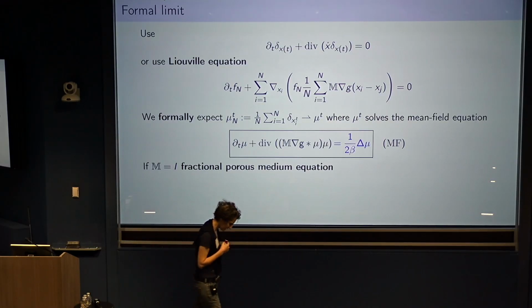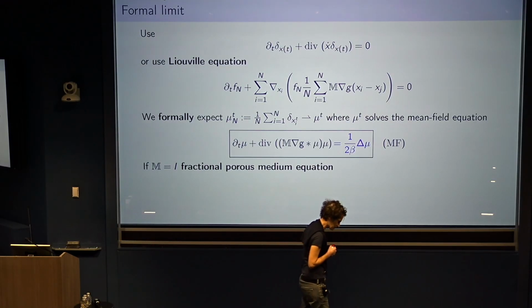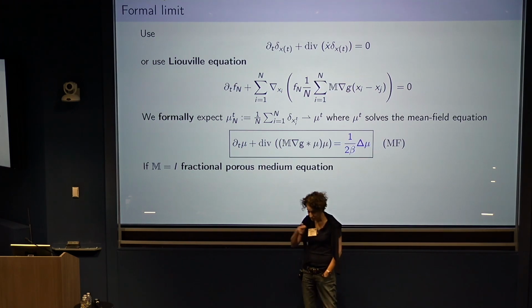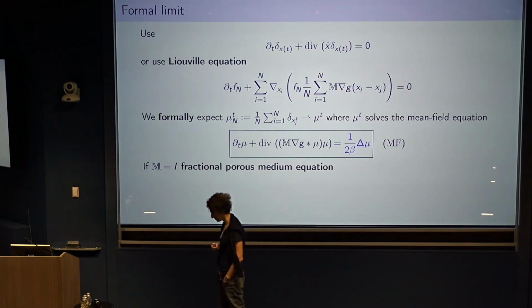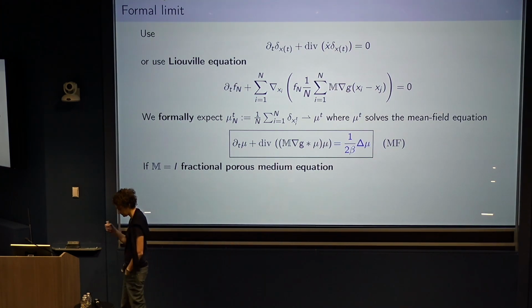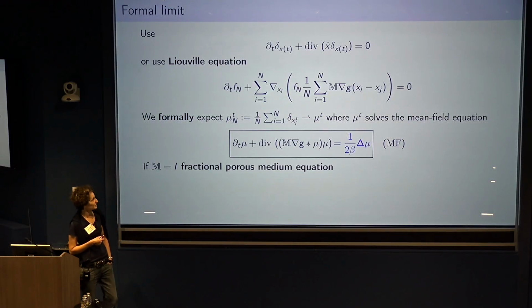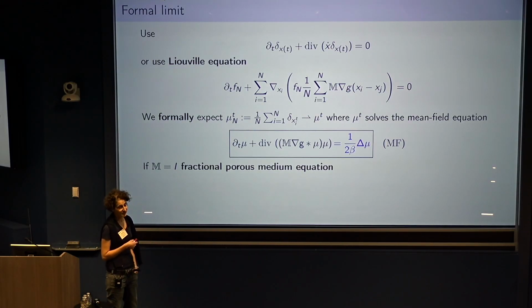And so now the goal is to try to pass to the limit rigorously, to take this large N limit. And I said the limit density should satisfy a PDE. So we're going to try to first guess what the PDE should be. And there is a general fact that this PDE is always going to have a form like this: d_t mu plus divergence of some velocity field times mu equals possibly this diffusion term.